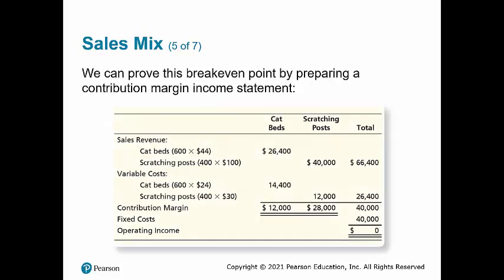We can plug in those break-even units into our contribution margin income statement, and we can see that with 600 cat beds and 400 scratching posts, the company will have operating income of 0. And that shows that that is the correct calculation for break-even units.